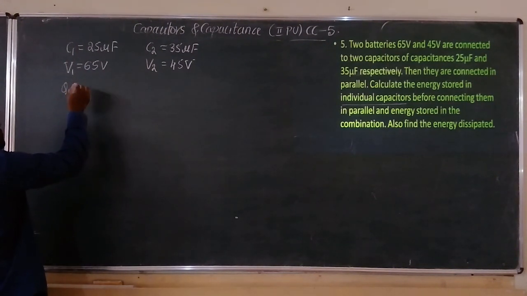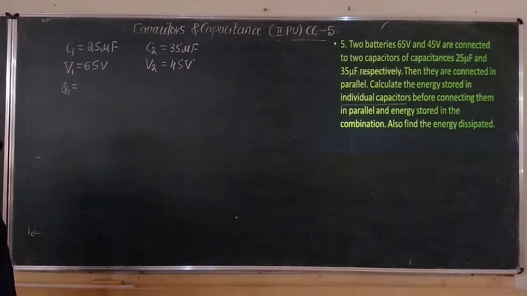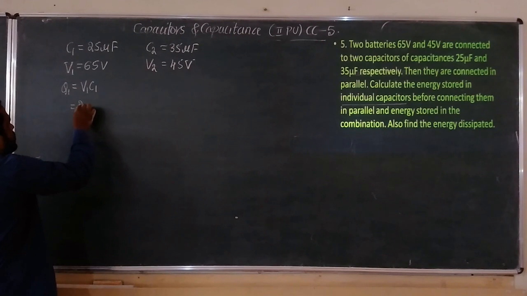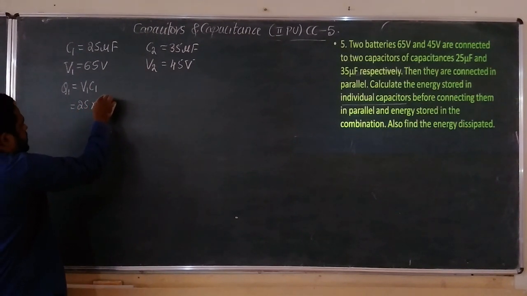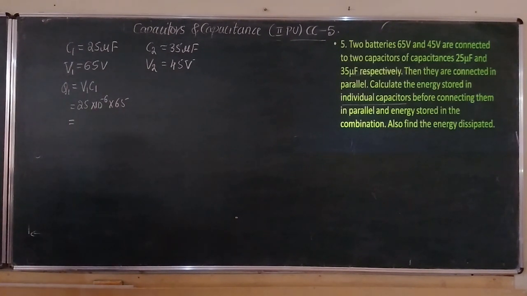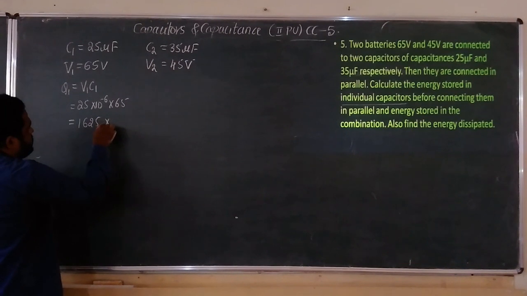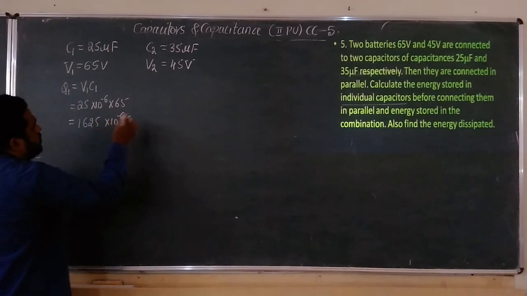Now Q1, the amount of charge stored in the first capacitor, can be calculated as Q1 is equal to V1 into C1. Substitute the values: 25 into 10 power minus 6 into 65. So 25 into 65 is equal to 1625 into 10 to the power minus 6 coulomb.